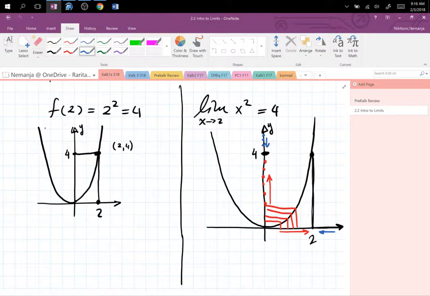If you are supposed to approach 2, you can approach it as 1, 1.1, 1.2, 1.3, 1.4. You can approach it even better: 1.9, 1.99, 1.999, 1.99999. There are many ways in which you can approach.